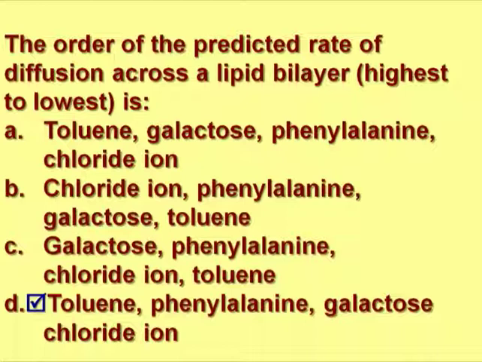When we talk about these ions or molecules or solvents, from the highest to the lowest, it will be from most non-polar to the polar. So the sequence will be toluene, phenylalanine, galactose and chlorides.